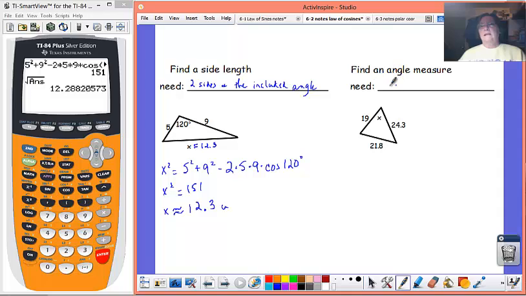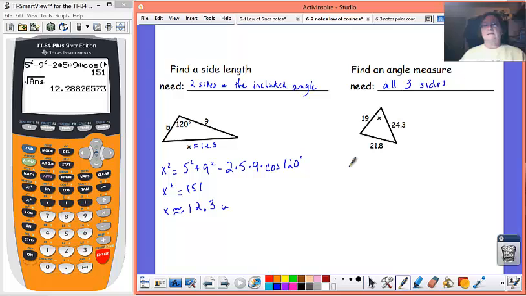Alright, so we've used the law of cosines to find a side length. If we're going to find an angle measure, what you have to know is all three sides. And in this case, we have that, all three sides. I like to have my formula solved for the angle, and I just want to remind you, you're seeing that on the slide above.